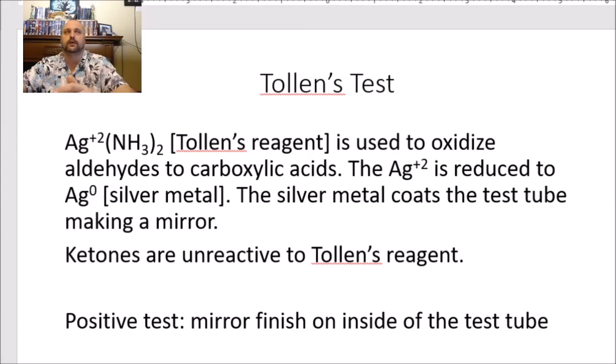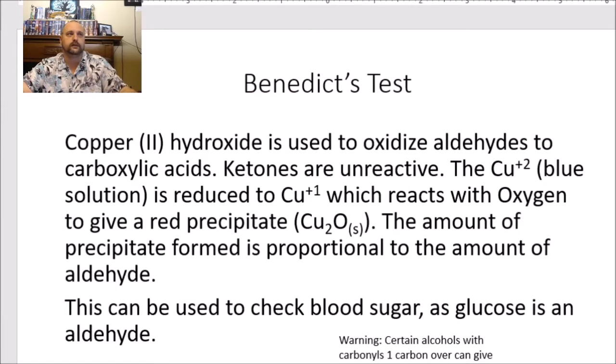It actually makes a mirror inside a test tube and coats the inside of that test tube for a positive test. So a negative test, you just get a solution, and then a positive test, the test tube turns into a mirror. It's really nice. A Benedict's test, a little nastier looking, but much more useful. So when we take this, it'll react only with an aldehyde.